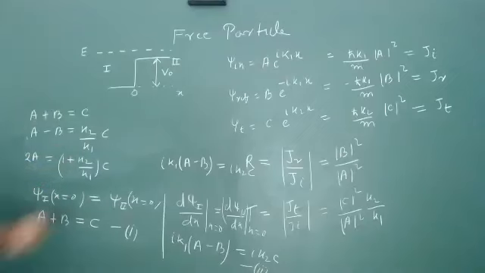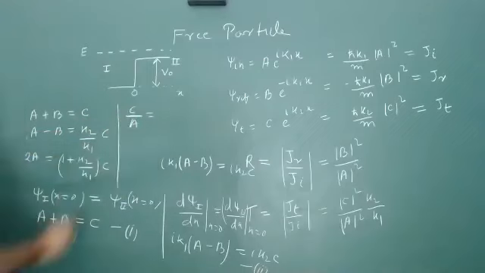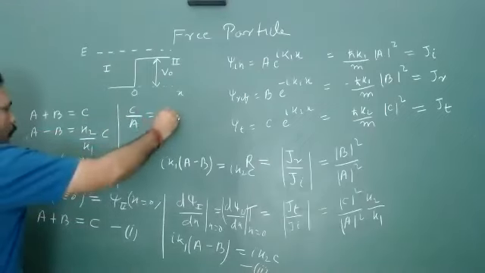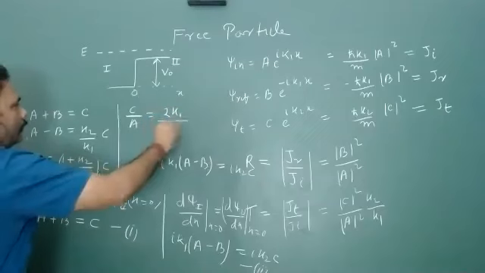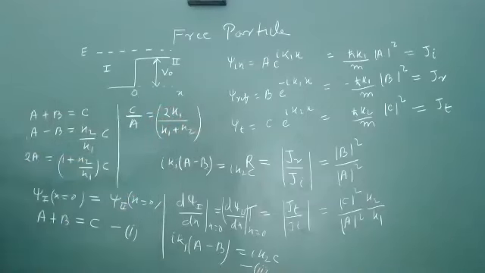So from here you can easily get c by a equal to 2k1 upon k1 plus k2. Now you put the value of c in terms of a into the equation, and you can get b by a.